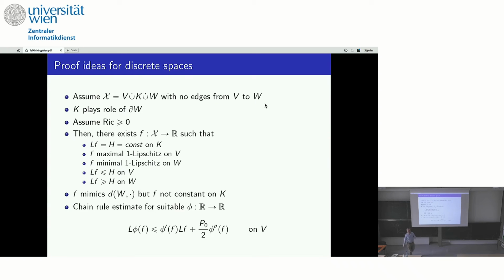So P0 was this minimum jump rate. And this chain rule estimate will self-improve the estimates of LF on V and LF on W. So we will get negative constants in some sense on both sides, which is good enough to get the isoperimetric and the log-Sobolev inequality.